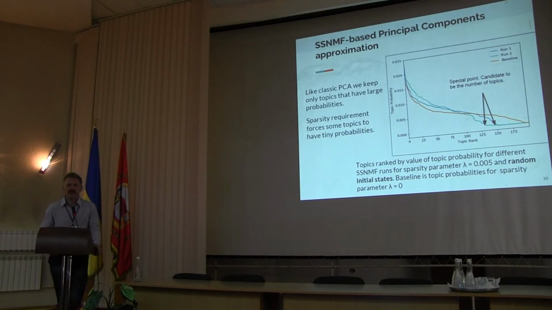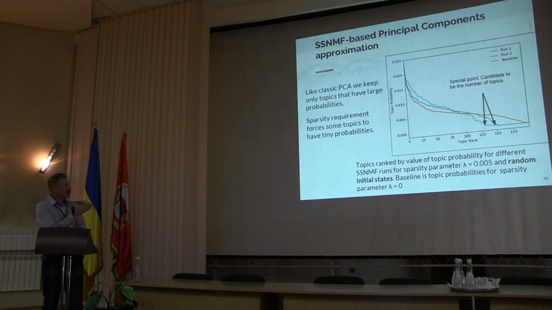Here is how the sparsity can help us to show the number of topics. The red line is the baseline when we don't employ regularization, and the green and blue lines show that after some number of topics, the probability drops to 0.